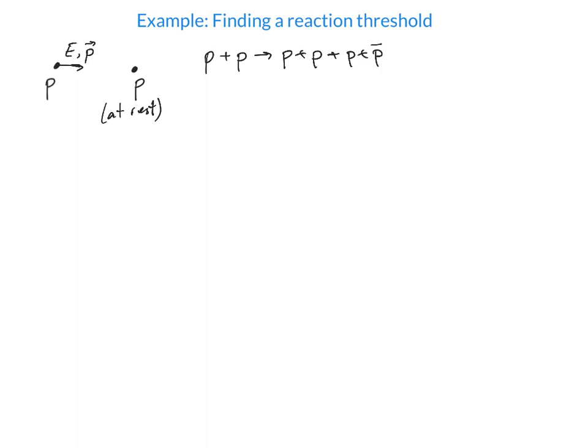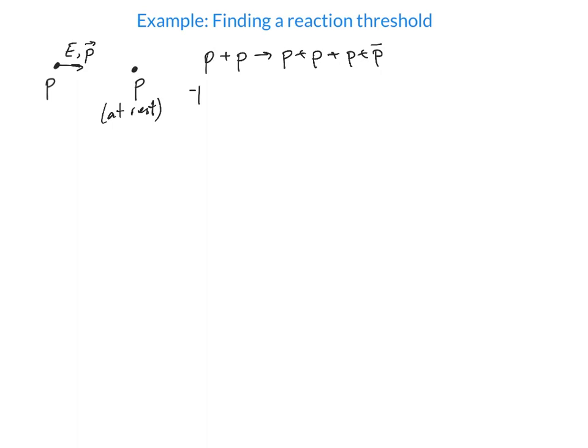So the trick here is to judiciously choose the reference frames we're working with. So let's first realize what is the condition for the reaction threshold. For the minimal energy of the incident proton, what should we expect to see in the center of mass frame?